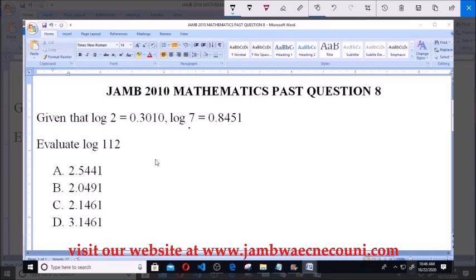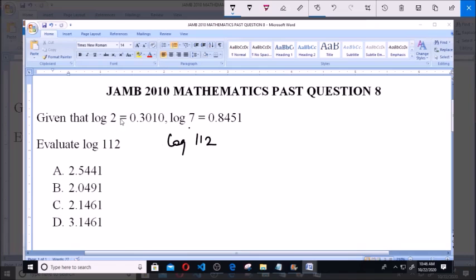Alright, so now we are given log 112 and we have to estimate it, given that log 2 is this and log 7 is this. Now log 112 is equal to log 16 multiplied by 7. 16 multiplied by 7 is equals to 112.